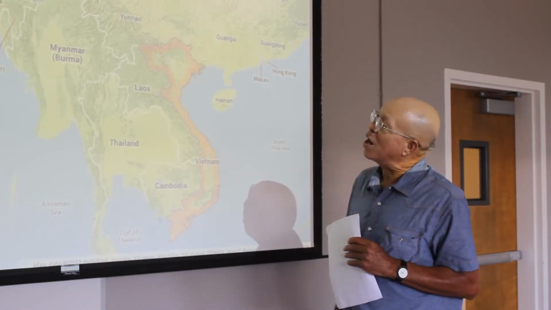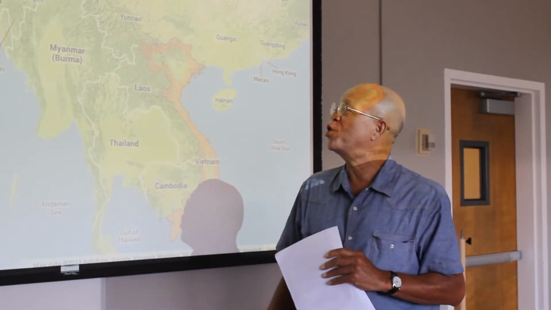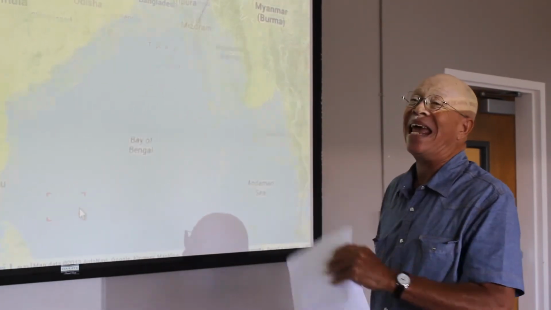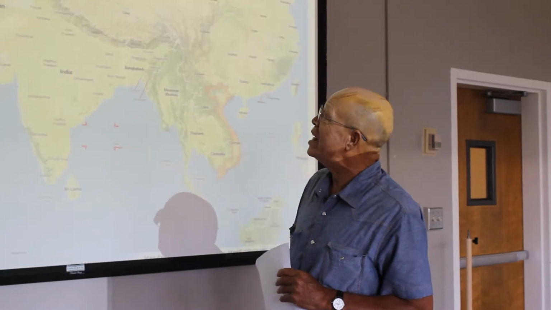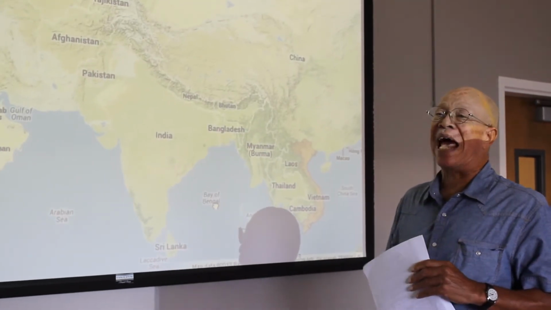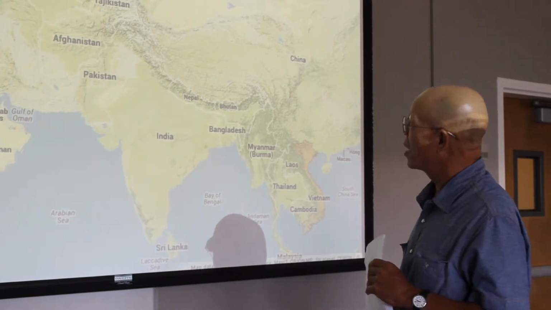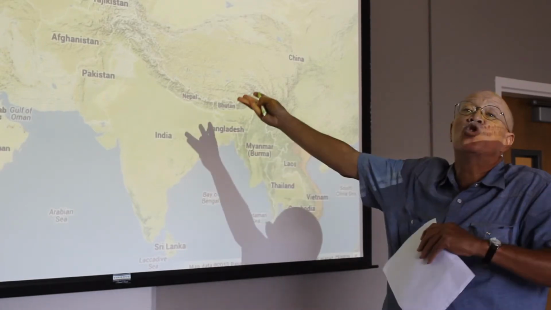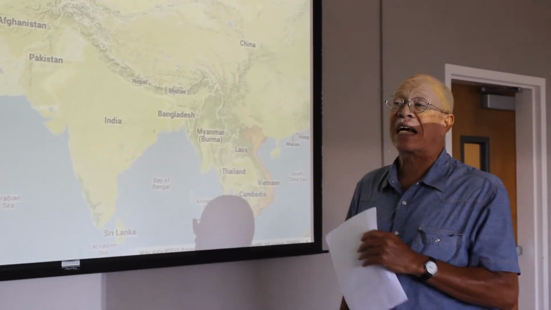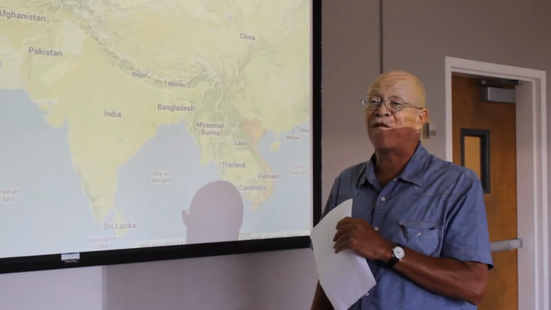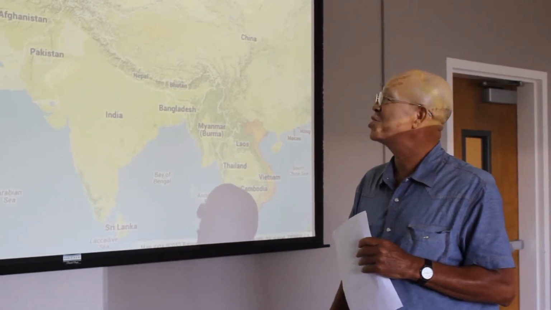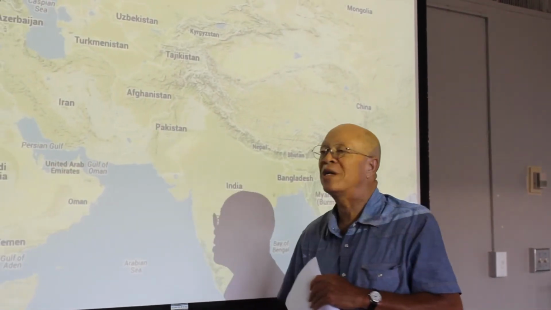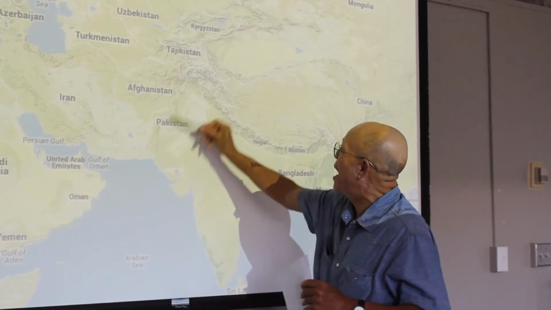The next location on our map that will be important for you to find and know and have a mental image in your mind of is India. India, of course, is one of the world's emerging economic powers, if you want to call it that. And India is a nation that has nuclear weapons, and it finds itself in a constant state of undeclared warfare, but warfare nonetheless, against its northwestern neighbor, Pakistan.